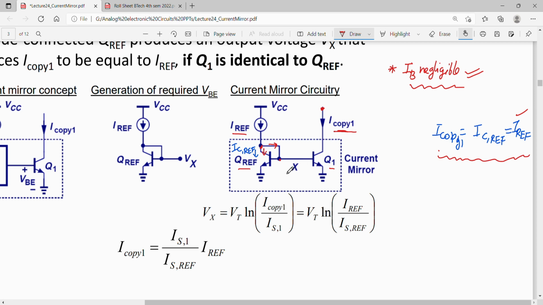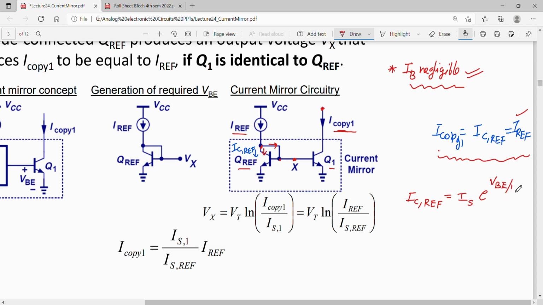Okay. So I can write this potential Vx. So I can write IC ref, that is the collector current of the reference transistor. Okay. So using the diode equation, that is, the collector current through the diode equation, I can write that collector current is equal to saturation current multiplied by e to the power VBE by VT.